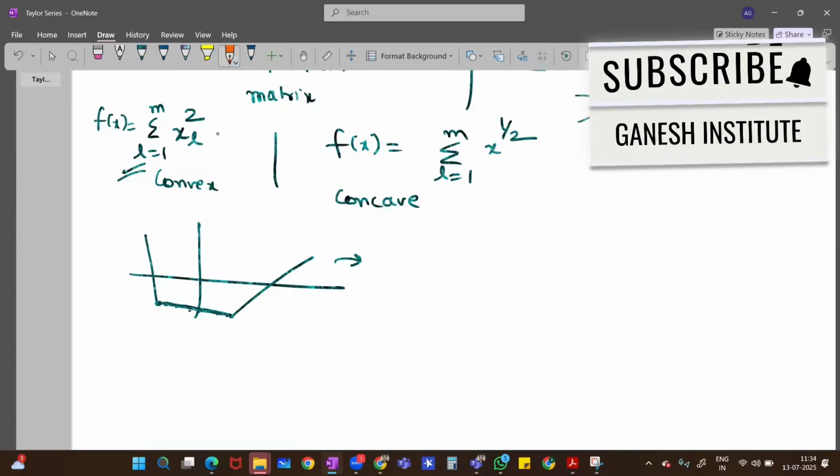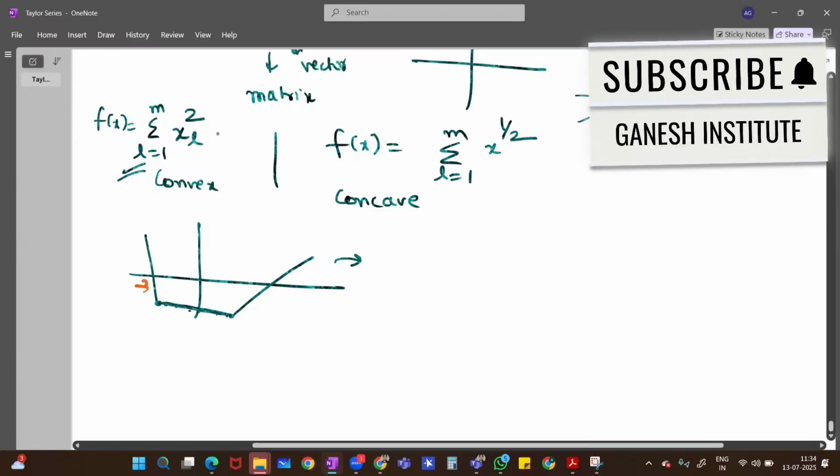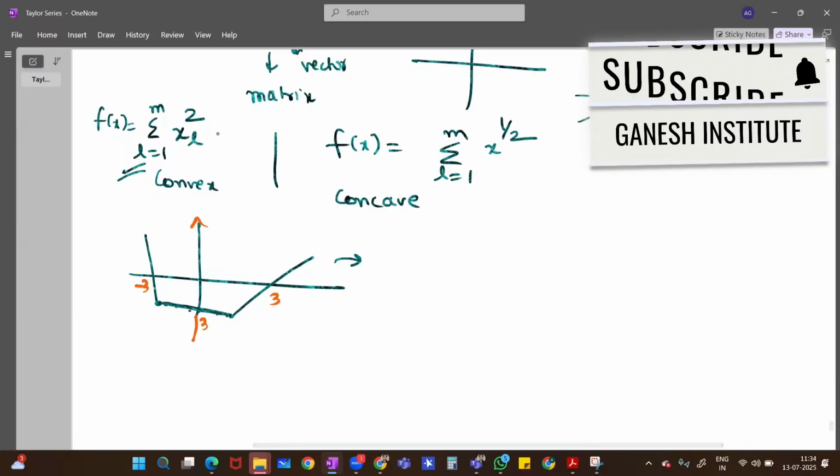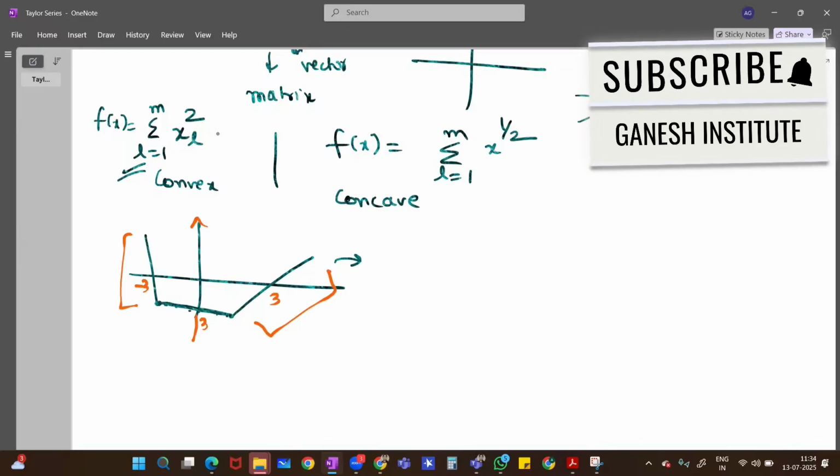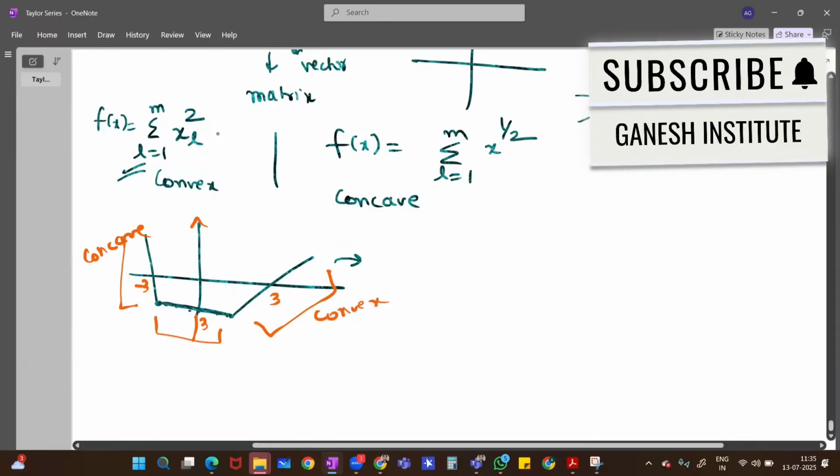Okay, but tell me, let's say this is minus 3, this is 3, and this is 4 or 3, let's say anything. Now tell me, where is it decreasing? At minus 3, no. This is the interval, it decreases. This is the increasing. Yes. So here it is concave, here it is convex. Here you will say that it is neither concave nor convex.